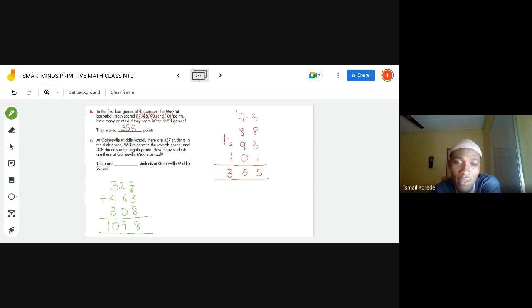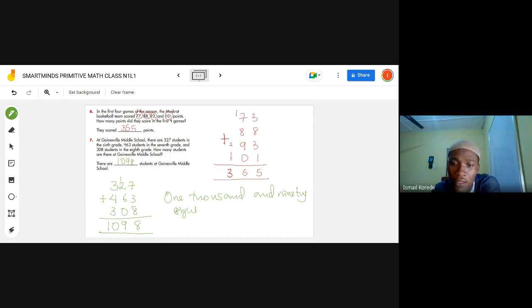So in Gainesville Middle School, we have a total of about 1,098 students attending.